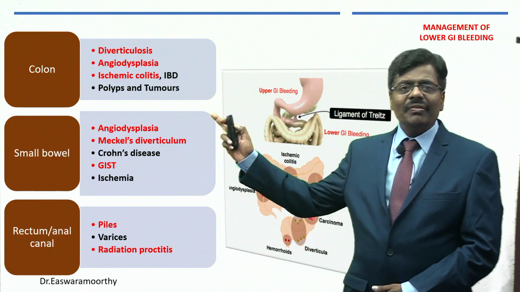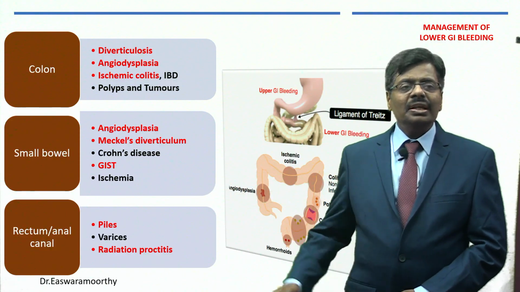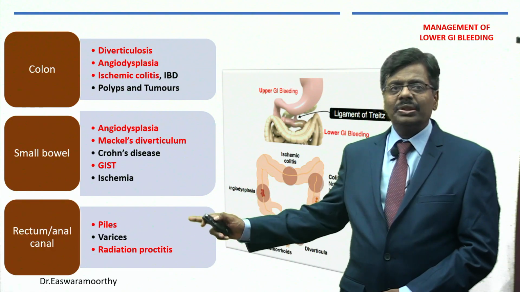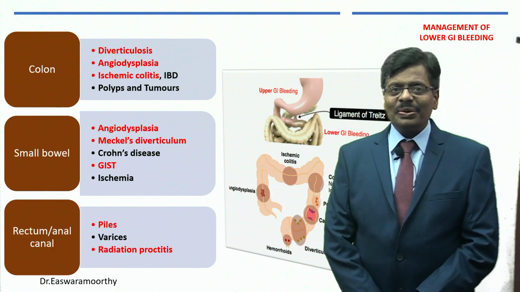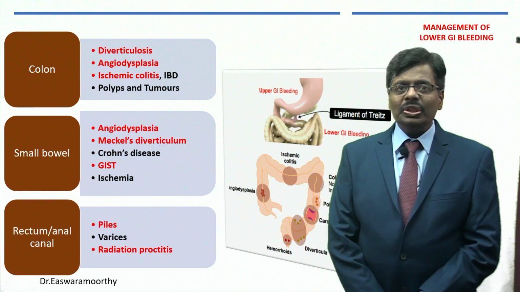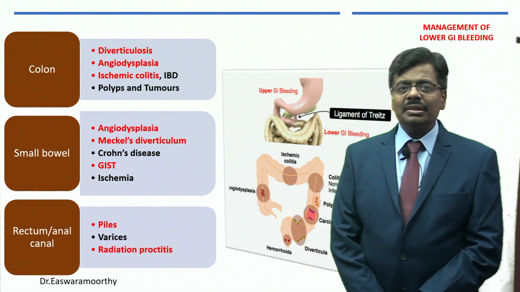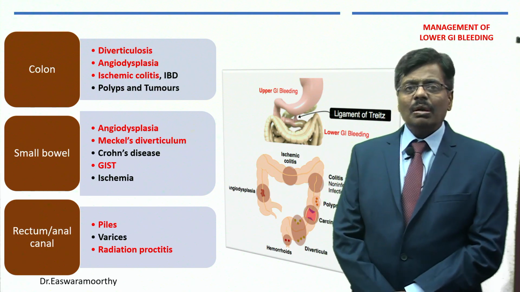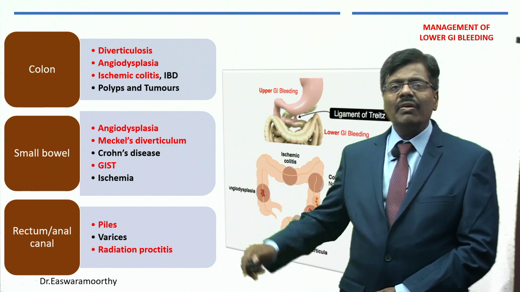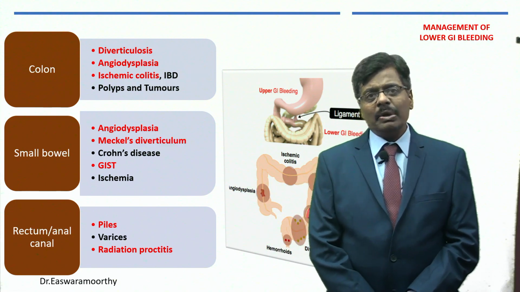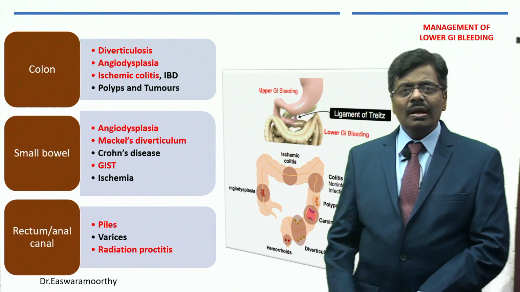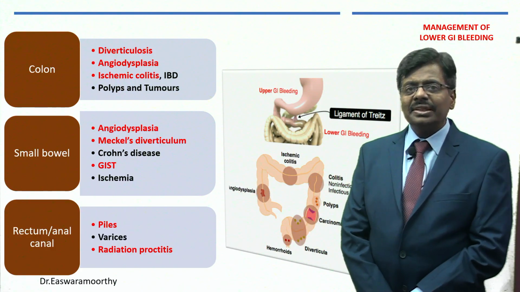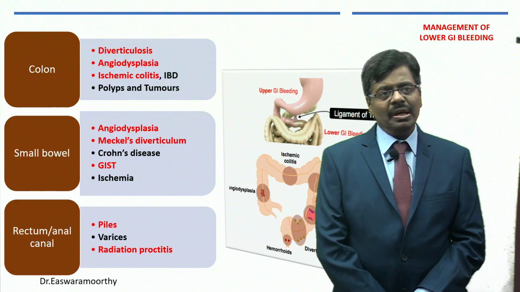And here are the various common causes in the colon, small bowel and rectum. As you can see, diverticulosis, angiodysplasia, ischemic colitis and also inflammatory bowel disease account for a large number of the cases we see in the colon. Diverticulosis and angiodysplasia, in my opinion, are the 2 common causes. In the small bowel, especially in elderly people in their 60s and 70s, angiodysplasia.